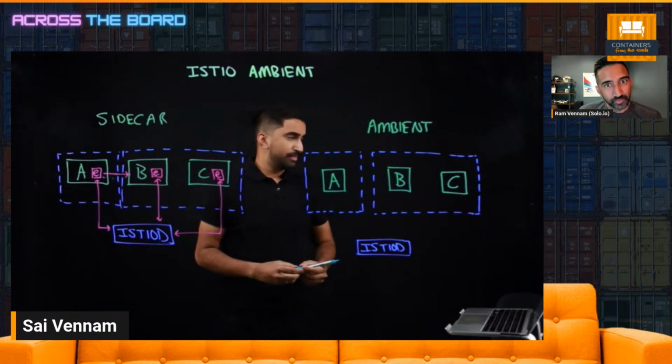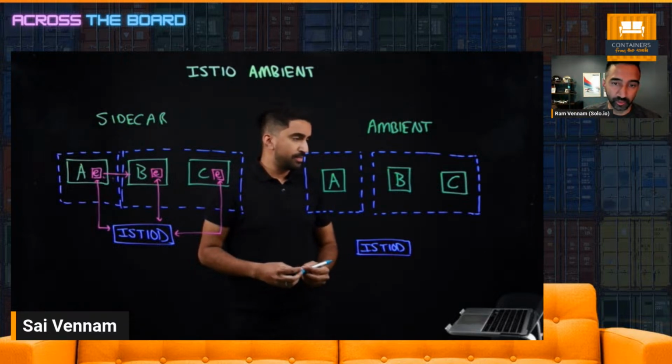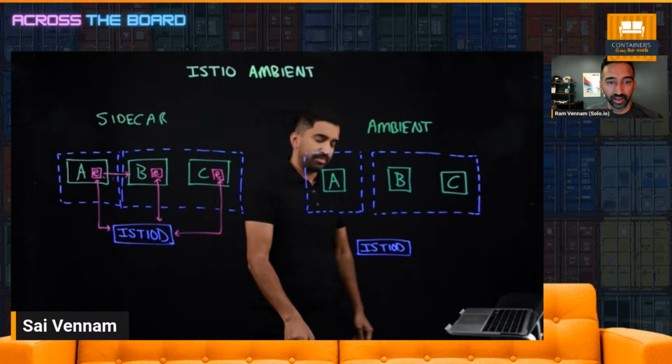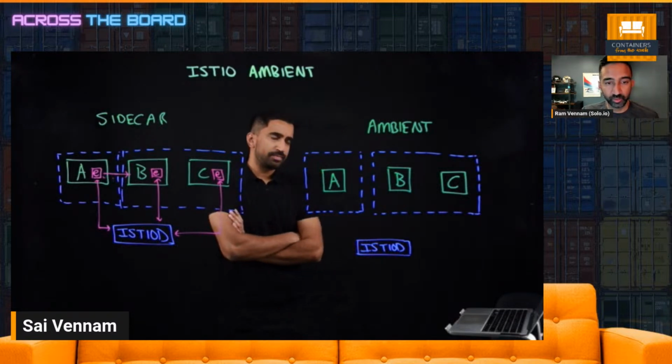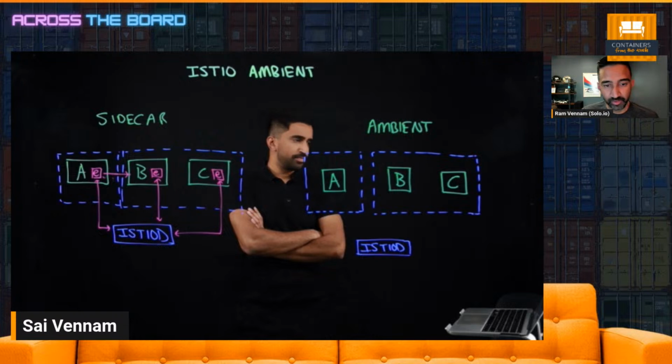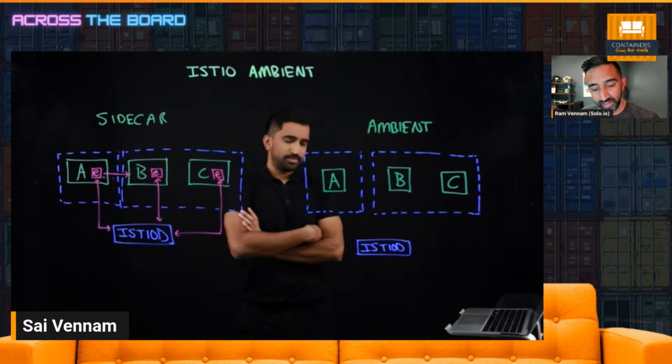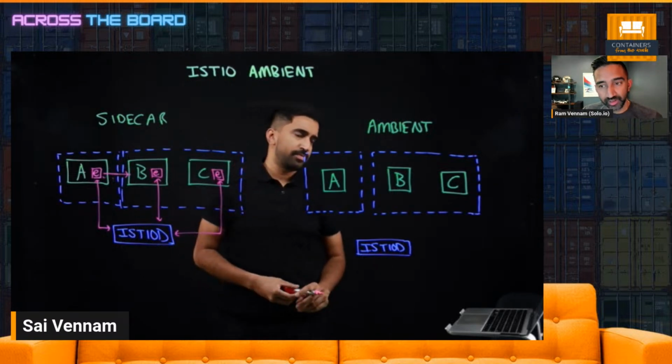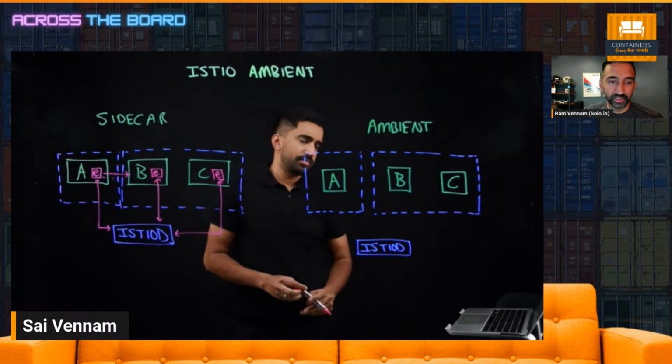So you might think, initially the way to solve this problem is just to take that Envoy that's running next to every one of your containers and pull it out and run it as a separate pod, and then have users share one or more of those instances. The problem with that approach is Envoy is not designed to be multi-tenant, right?